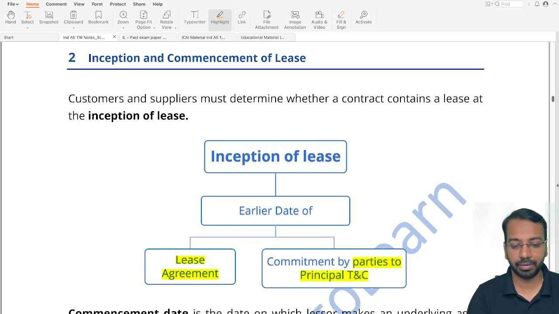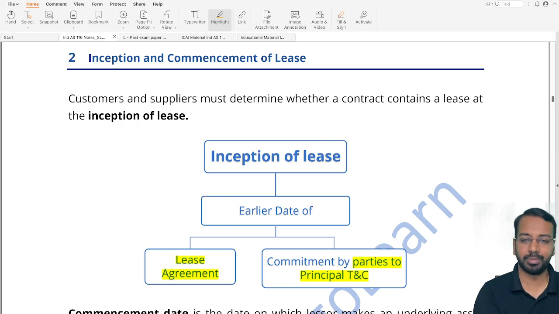So whenever we say inception, it is either the date on which we have signed the lease agreement, or the commitment by the parties to principal terms and conditions. We have not signed the lease agreement, but we have agreed broadly that yes, this will be the rental, this is the property. So that is what is called inception of the lease.